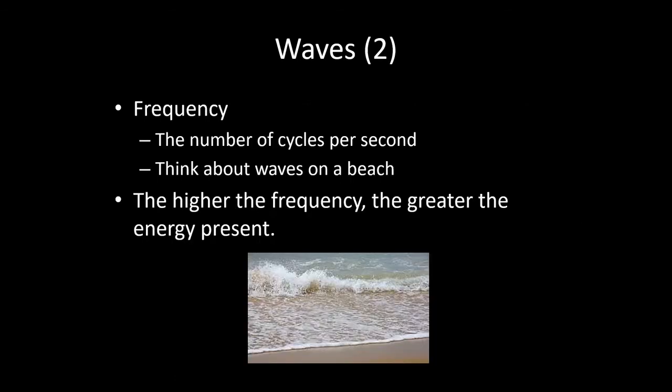Every wave is also going to have a frequency. And the frequency is the number of times that a wave goes through its wavelength in a second. So the wave is moving along here, and it's going up and down and up and down and up and down and up and down.